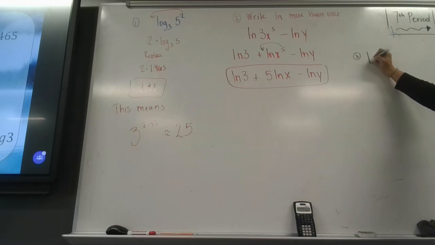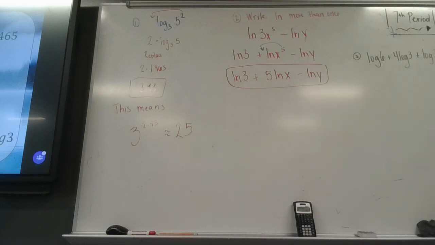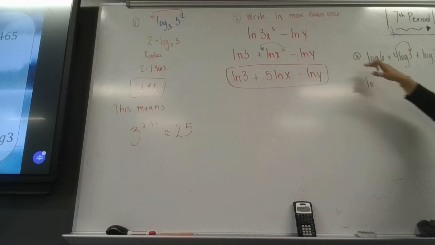I guess first, we got log 6, 4 times log 3 plus log 3. I think I meant to make that last one minus. I would put the 4 as a power. When you're expanding, you do it last. When you're condensing, you do it first.